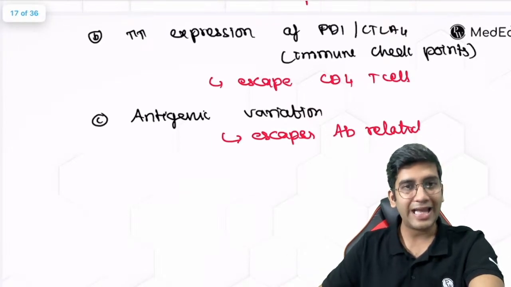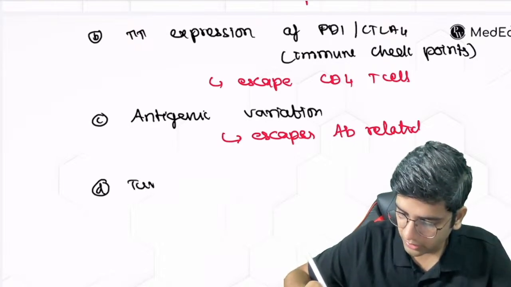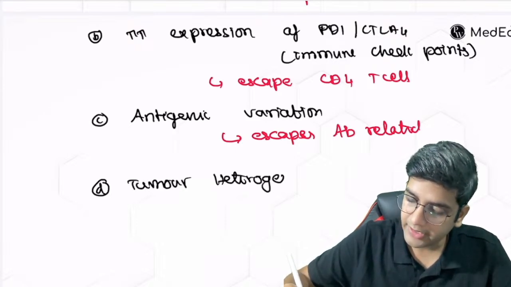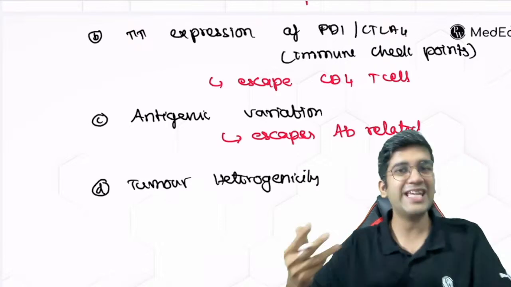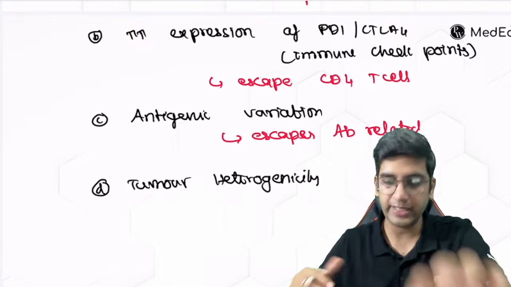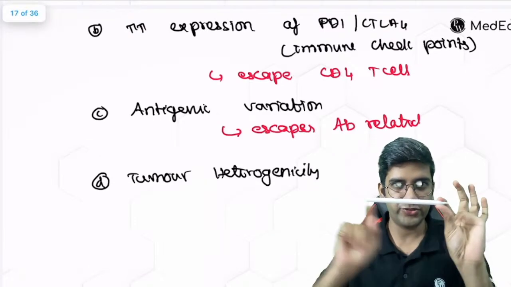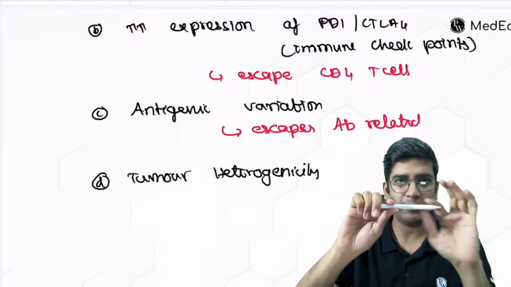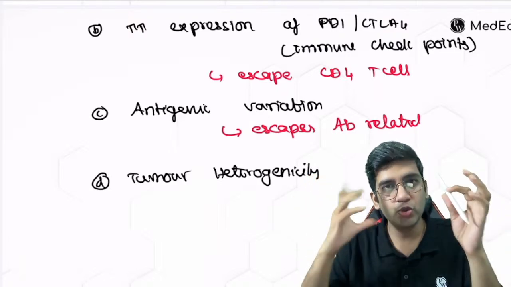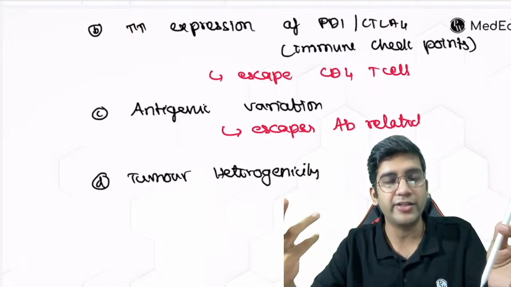That's the third one. Last but not the least, we have something called tumor heterogeneity. Tumor heterogeneity is not exactly to escape the immunity, but to make sure that immunity is not so powerful. Let's assume I have a virus like this, uniform. I produce an antibody, I destroy it. As simple as that. But I have a tumor with 1,000 cells, and each of the cells is different.